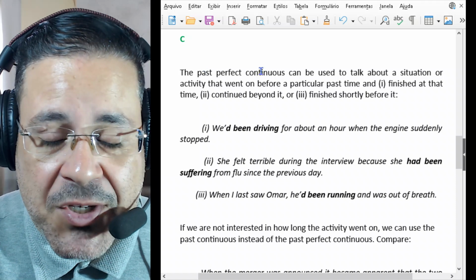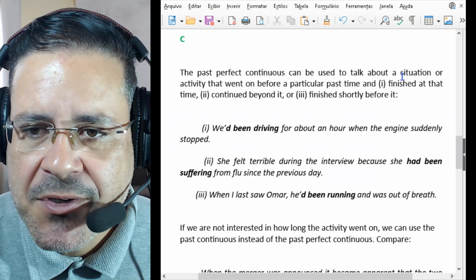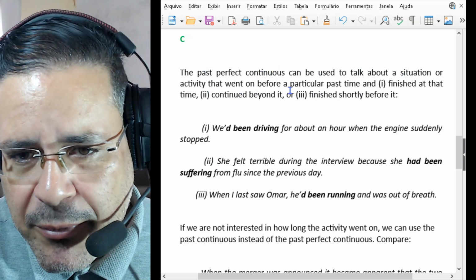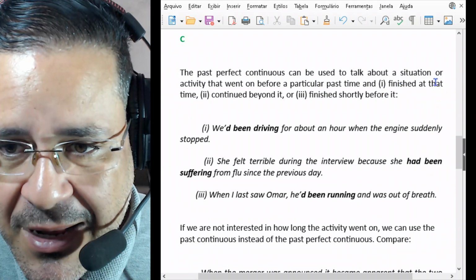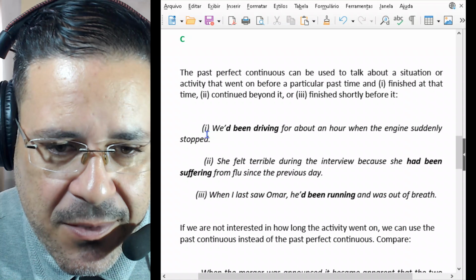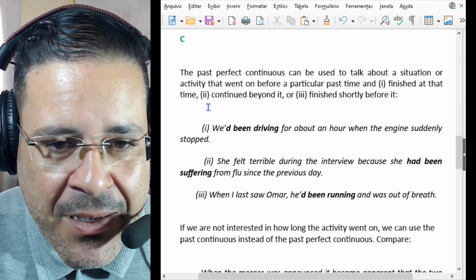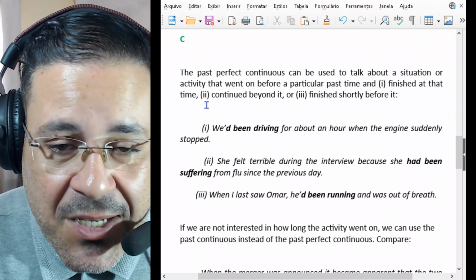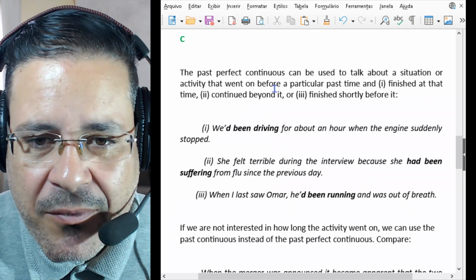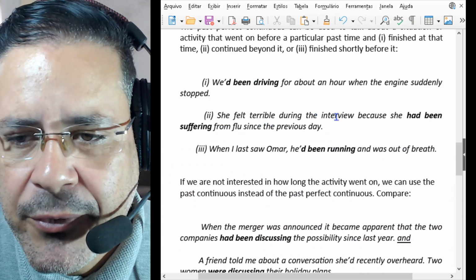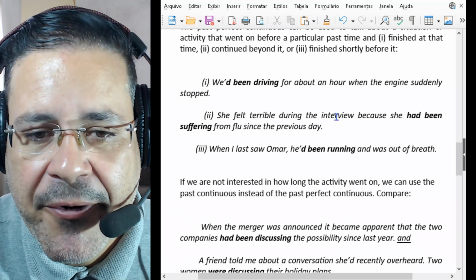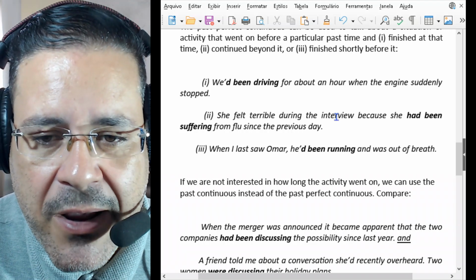Again, the past perfect continuous can be used to talk about a situation or activity that went on before a particular past time and finished at that time. We've already seen that one. 2. Continued beyond it. For example, she felt terrible during the interview because she had been suffering from flu since the previous day.